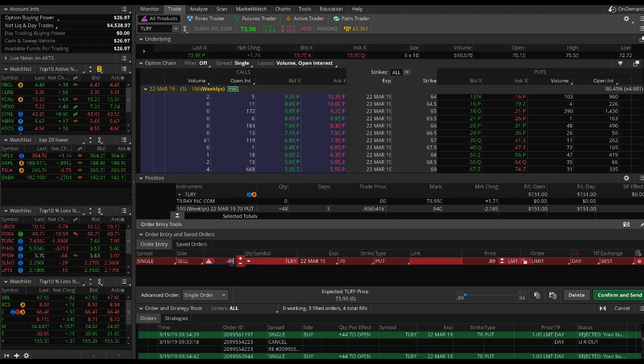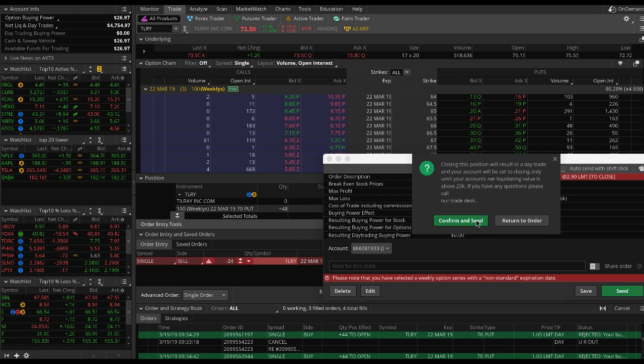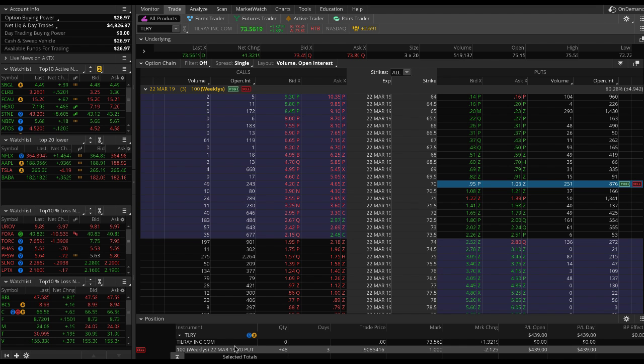We're going to sell half of the position when it hits about $3. Let's set half of the position at 2.9. So that'll give us a credit for 69.60. Confirm, send, and then we're going to set the other half of the position.